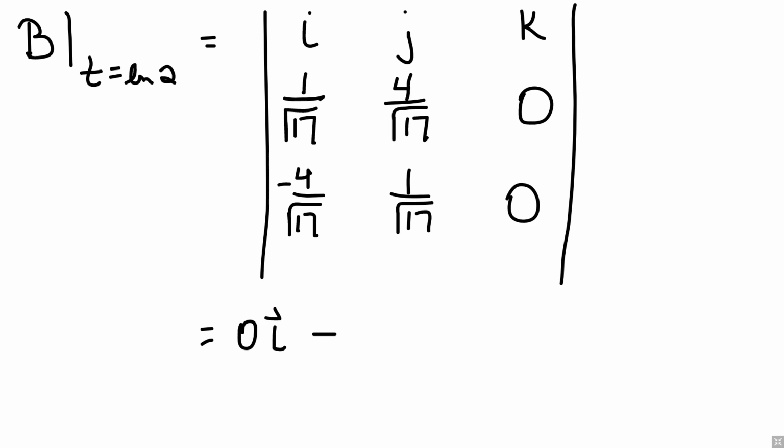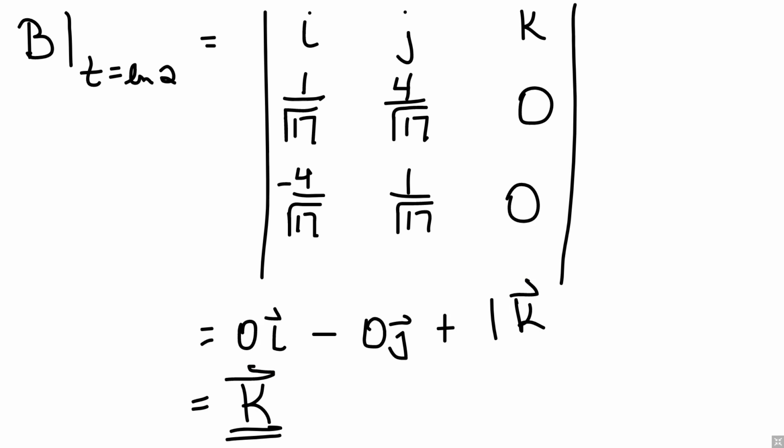For the J component, we're going to get 0. And for the K component, we're going to get 1/17 plus 16/17, or just 1 in the K direction. So my binormal vector is just K. Any questions there?